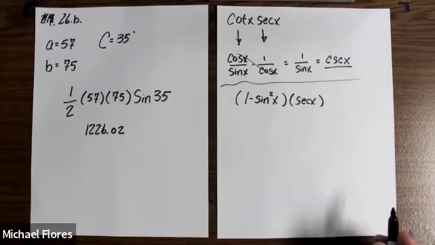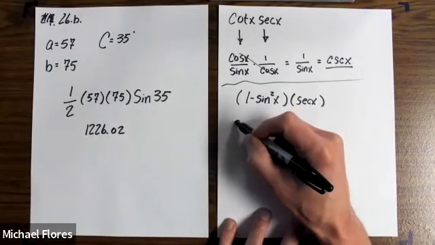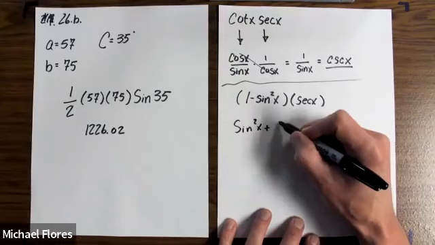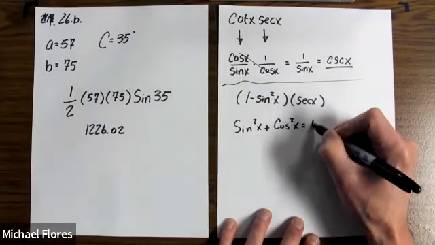This parenthesis here, 1 minus sine squared of x, that's part of a Pythagorean identity. That identity that is sine squared of x plus cosine squared of x equals 1.